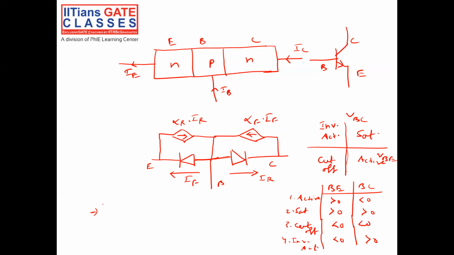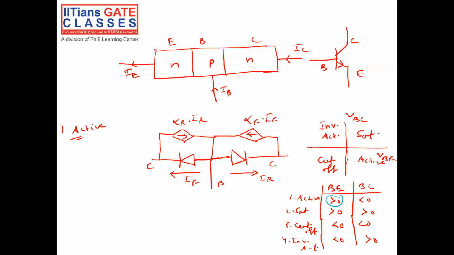First example, suppose it is the active region. When it is in the active region, my base to emitter junction is forward bias, so my IF will be greater than 0, and my base to collector junction will be reverse bias, so IR will be almost 0 or negligible.